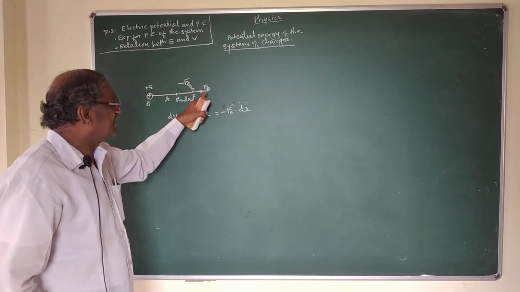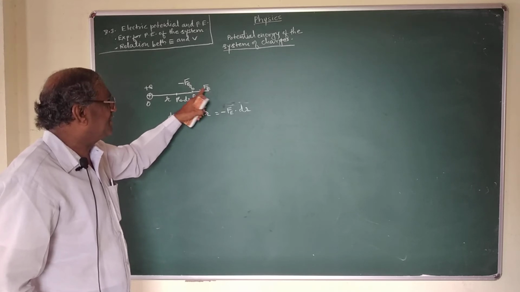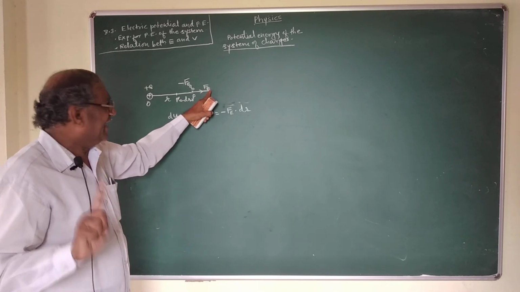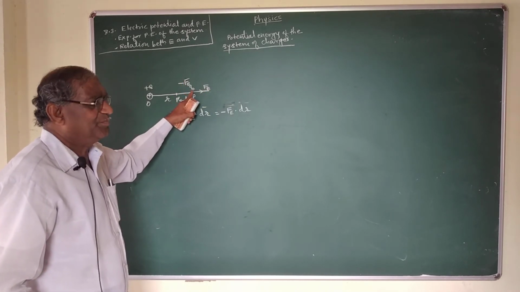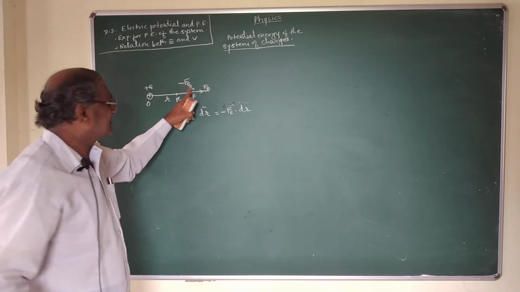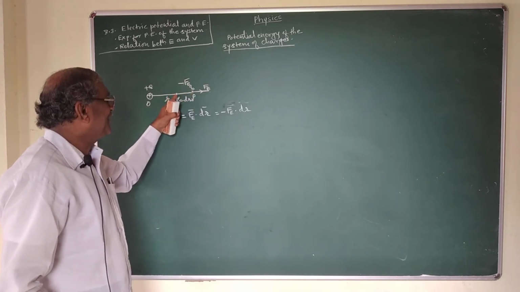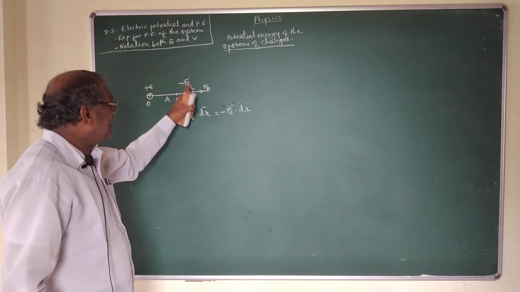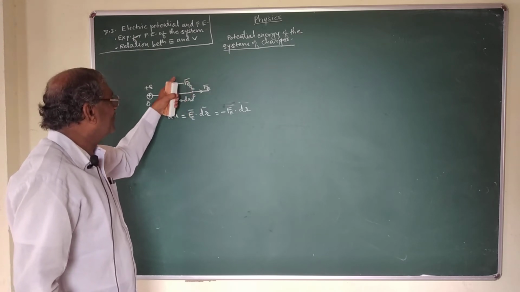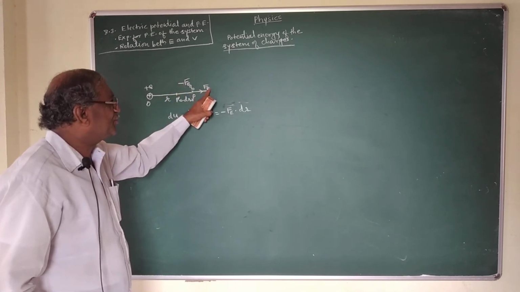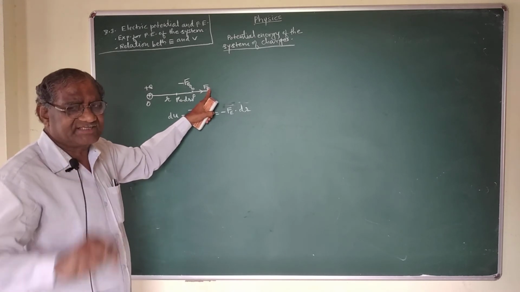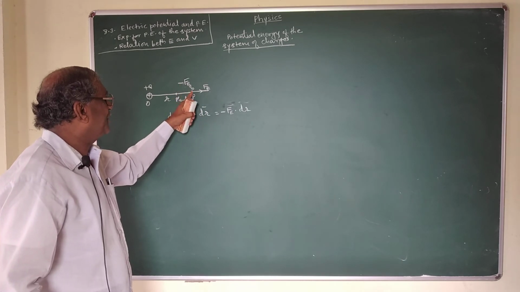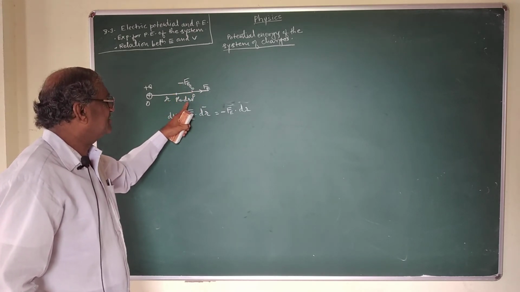If I remove this force of repulsion at point P along this direction by any means, then this q0 charge at point P will remain free and start moving from P to P dash in the electric field of this q charge. How can we remove it? We have to apply an external force having the same magnitude as this force of repulsion. Then this q0 charge starts moving from P to P dash through a very small distance dr.